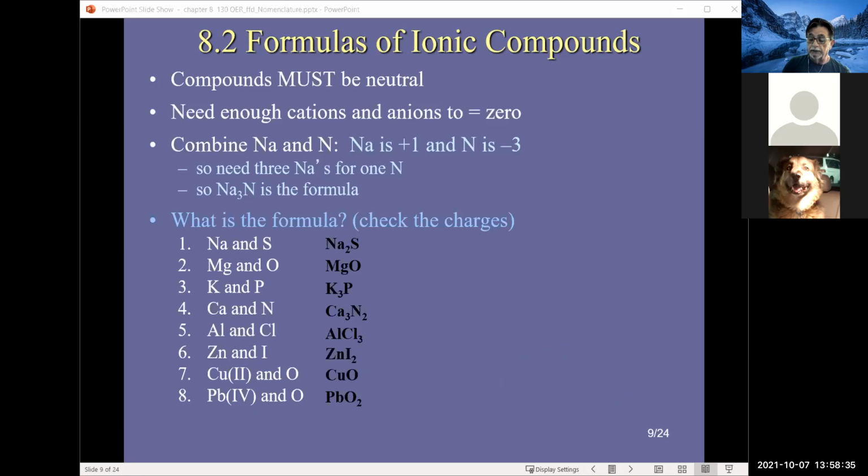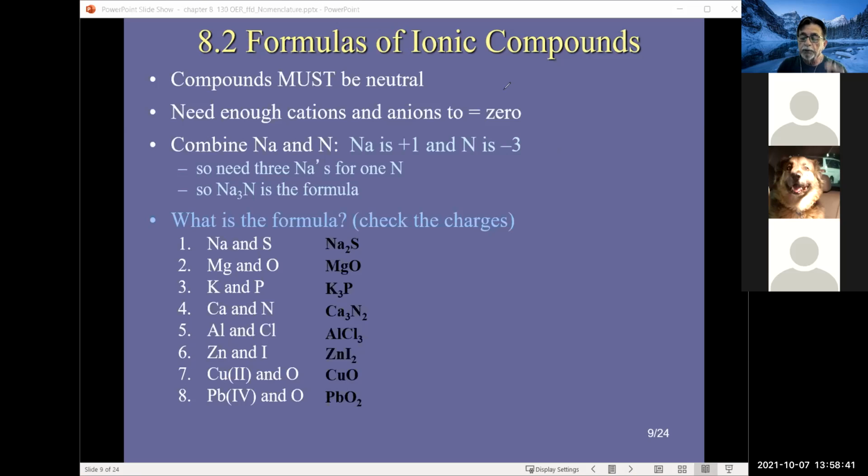Okay. Now, let me rehash for a second. Why is it PbO2? Notice, what does the Roman numeral tell you? What is the charge on lead given that Roman numeral?